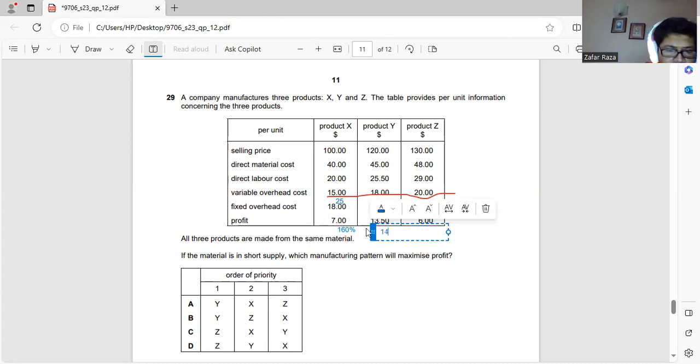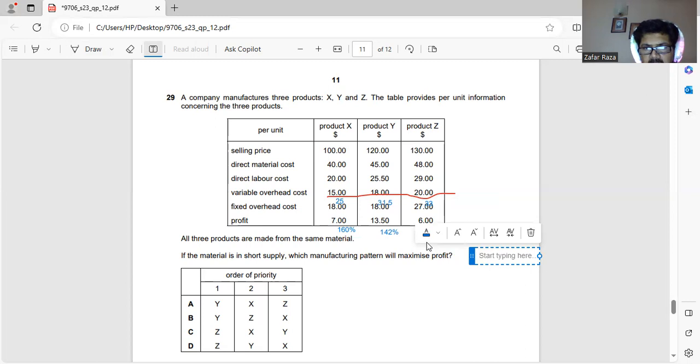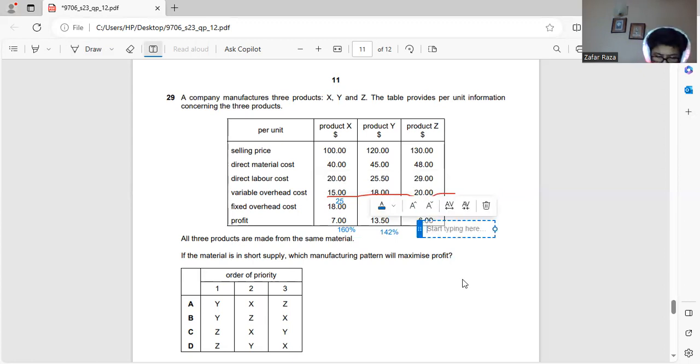And if we divide here, 48 divided by 33%, 145%.